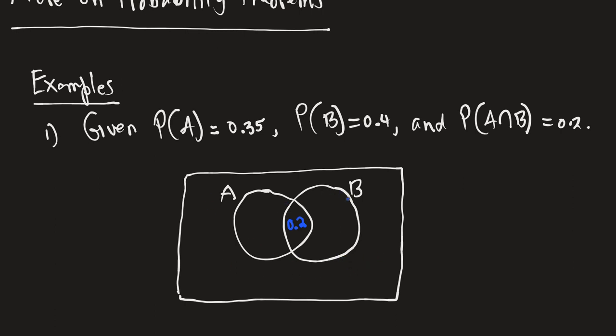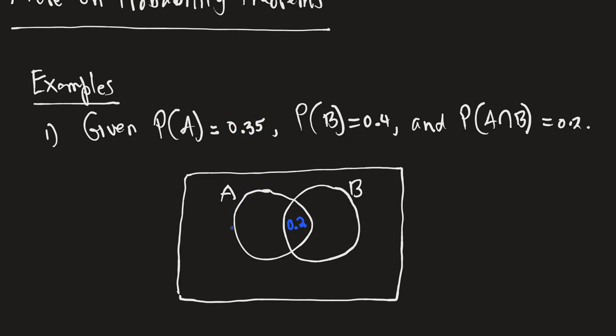It won't take a lot of work in the two-event case, but later on, when we look at the three-event case, yes, we'll have more regions to fill in, but the process is pretty much the same. All right, so let's figure out what goes in the part that's just A, or only A. If we think about it, all of A has to encompass a 0.35 probability.